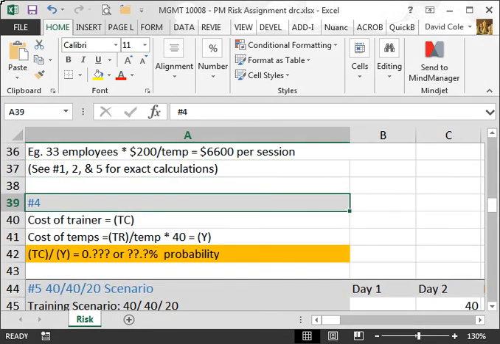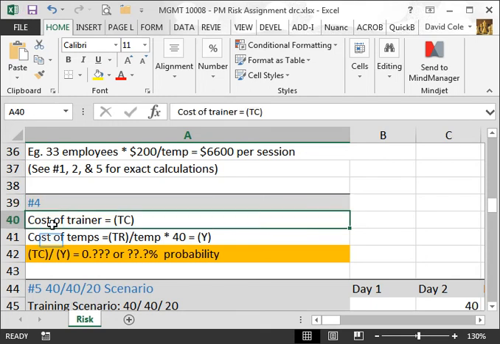In scenario 4, we've identified what it's going to cost us in terms of mitigation for bringing the trainer in a day early. So again, we're dealing with the cost of the trainer, and the cost of the temps per temp.